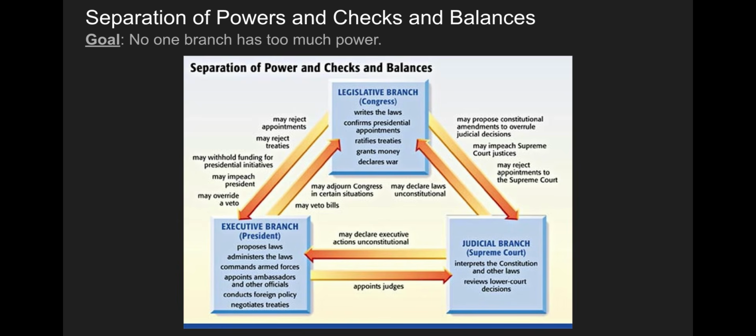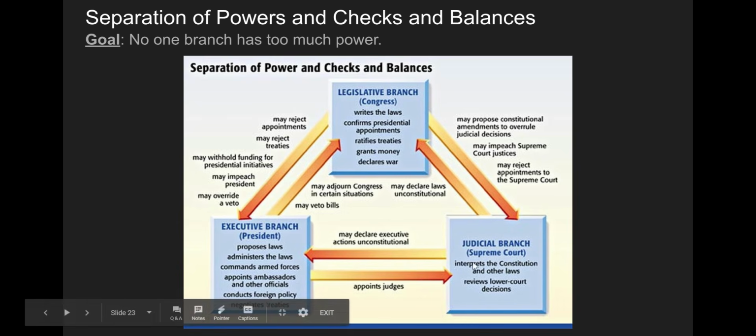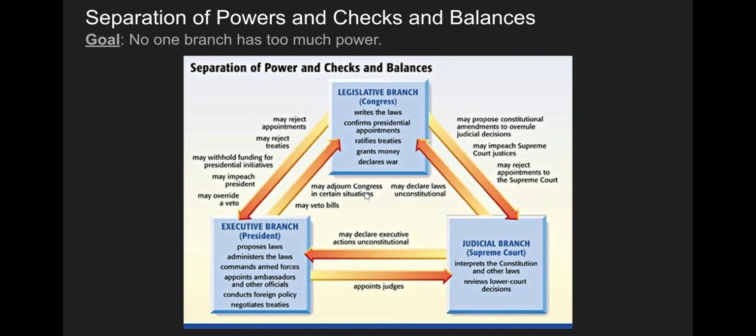They can vote on it. The legislative branch could impeach a president. The legislative branch might impeach a Supreme Court justice. So again, they all share power. They keep each other from getting too powerful. This is an essential part of our democracy.